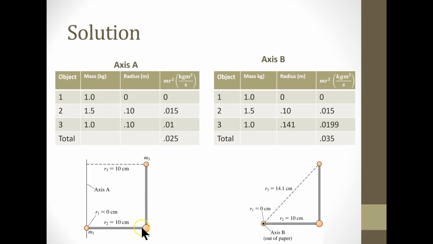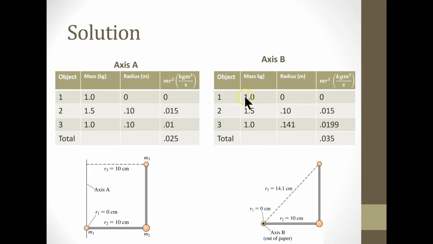This mass 2, this 1.5, is going to be this length of the rod away. So we're able to get that moment of inertia. And then this one is, again, this rod length away from that particular axis of rotation. So we found the moment of inertia for each, added them up, and that gave us a total moment of inertia for this one. Right?